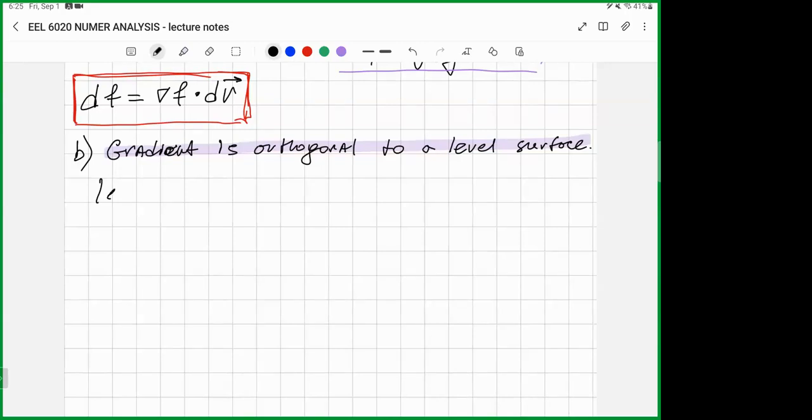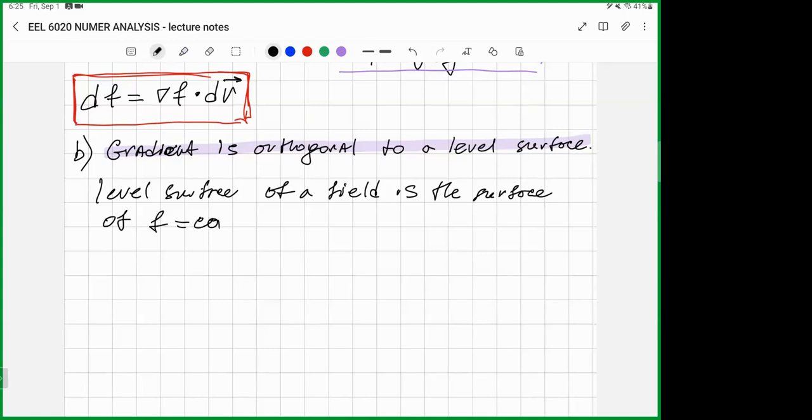So the level surface of a field is the surface where the field is constant, the surface of constant f.